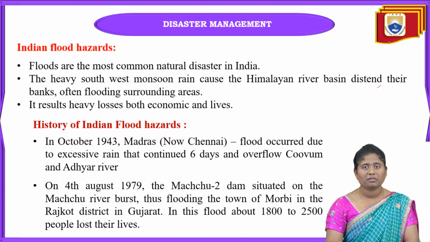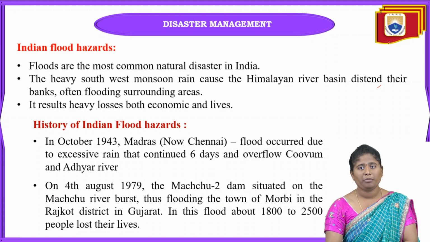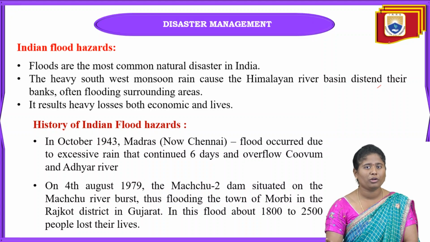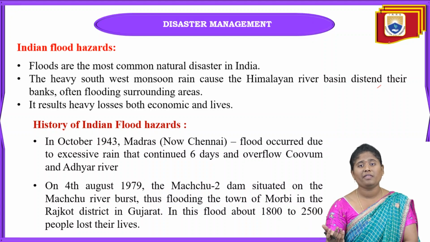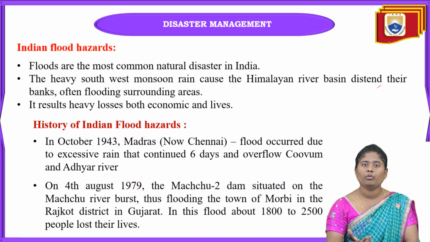In this flood disaster, almost 1800 to 2500 people died. Why? If we know a dam is going to collapse, we have to evacuate the downstream people immediately. But if the dam suddenly collapses, we don't know, and we can't take any safe precautions at that time.